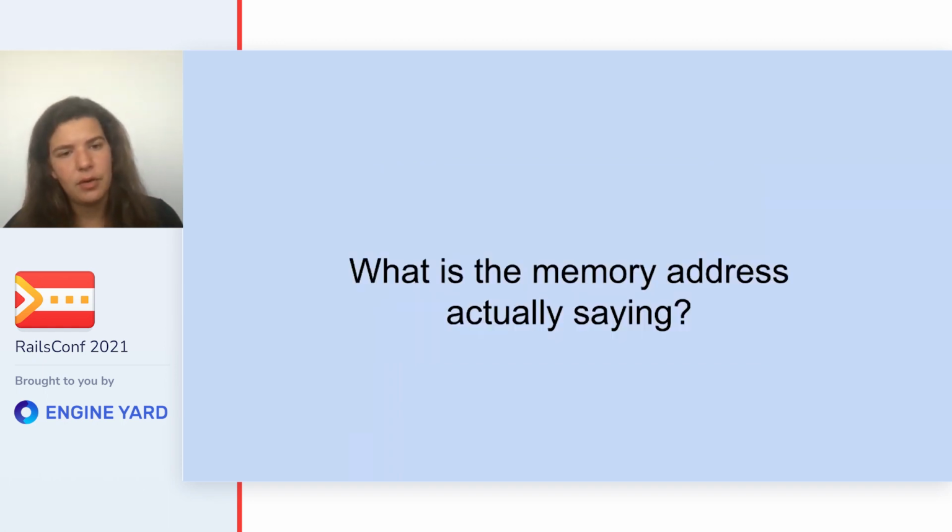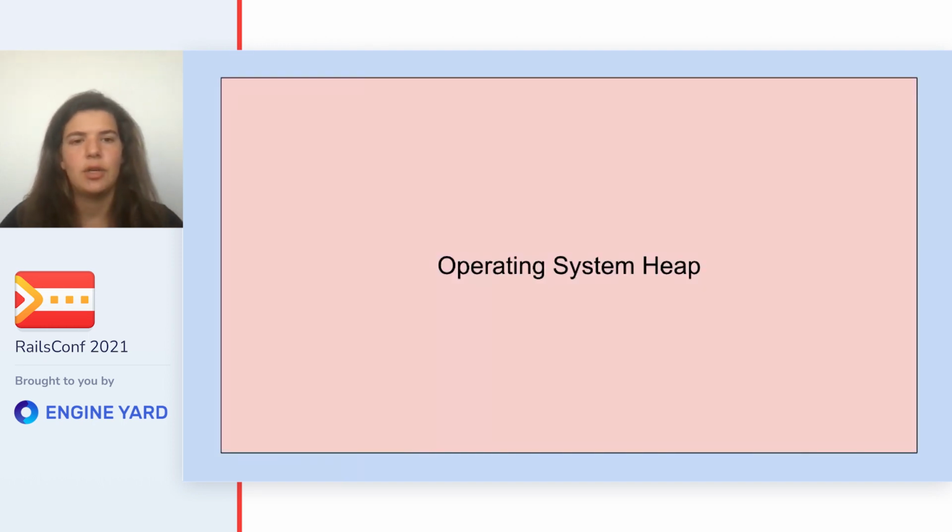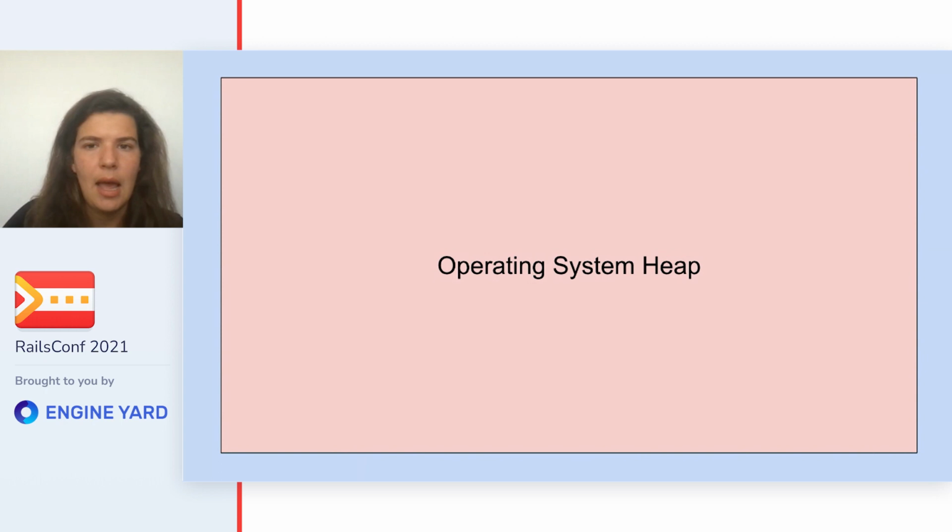But if we want to drill down to what the memory address is actually saying, we have to get into a bigger picture of what's going on with memory generally. Your machine has some operating system heap, which is most of its memory.